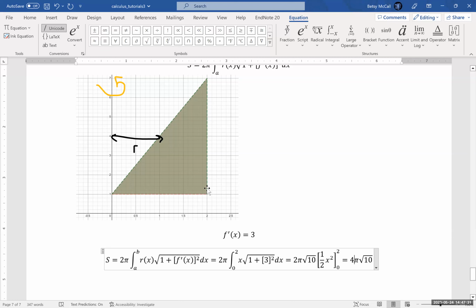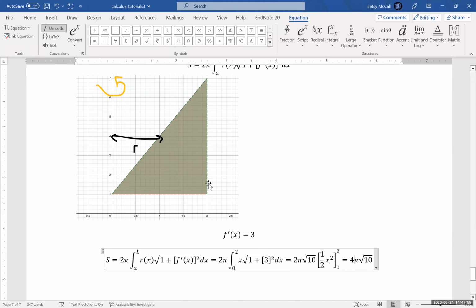Now, if I wanted this outer one, this is just a straight line. So if I wanted this outer one, I don't even have to do calculus. All I have to worry about is actually just doing the cylinder with a radius of 2, because it's 2 everywhere. So I don't even need the calculus for that. That's a constant radius.